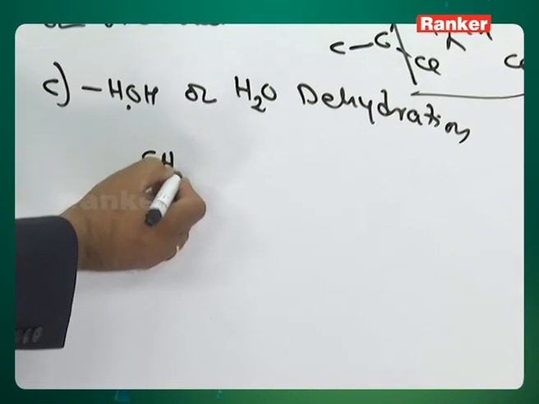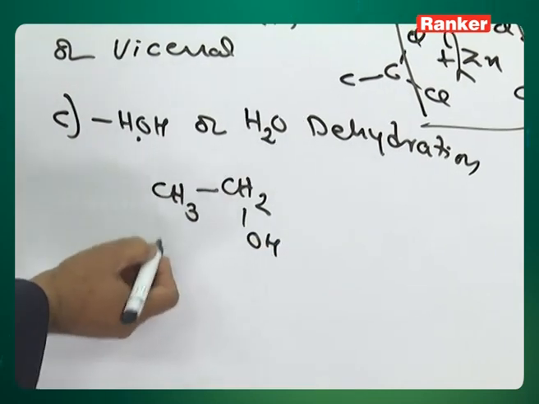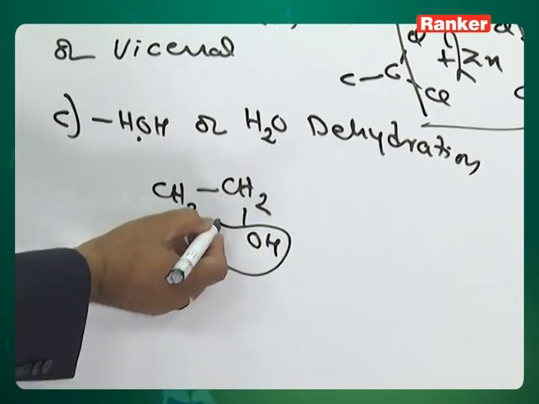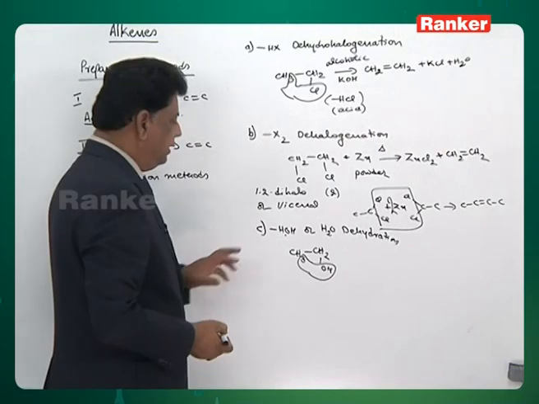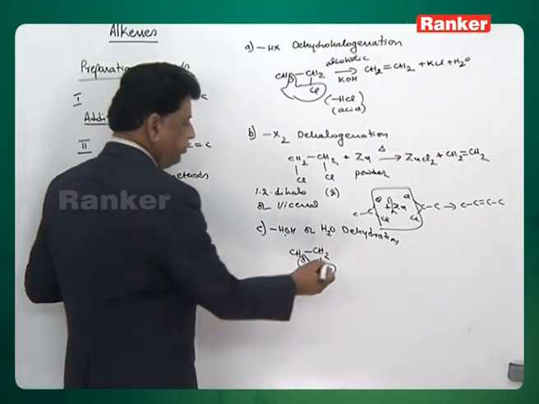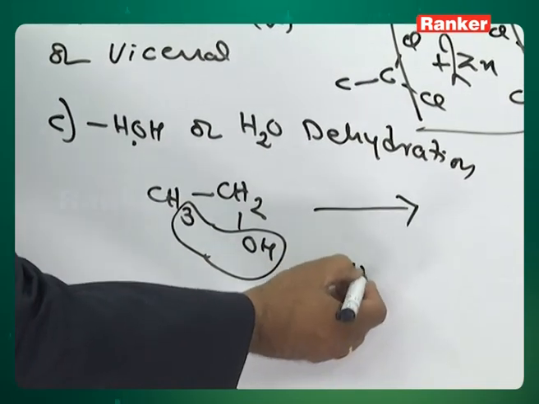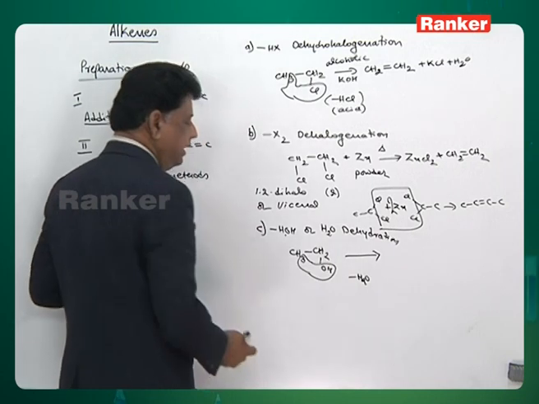So a compound like this, CH3CH2OH, from one side OH, the other side hydrogen is removed, and you will get ethylene formation. So I am removing the water. So what may be the reagent?